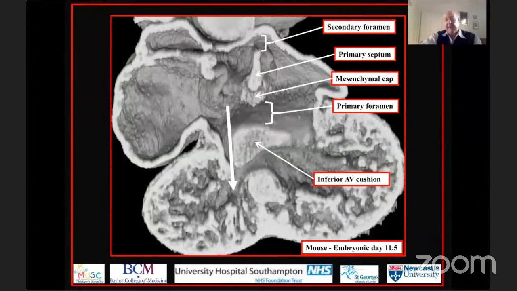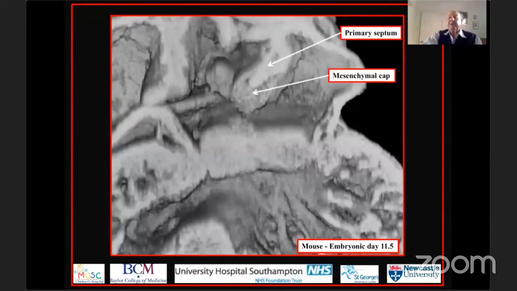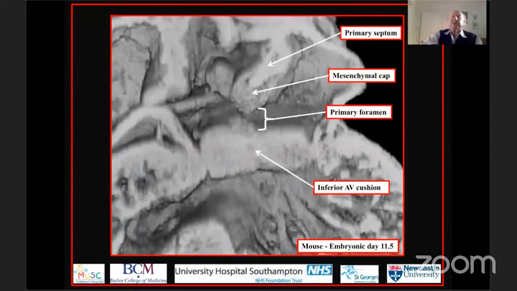But let's see what happens as the mesenchymal cap continues to grow towards the inferior atrioventricular cushion. And I'm showing you this again in the developing mouse heart. And I've closed up now on the area of the atrioventricular canal. Because there again is the primary septum with its mesenchymal cap, and now it's much closer to the inferior cushion. And the closer it gets, the smaller becomes the primary foramen.